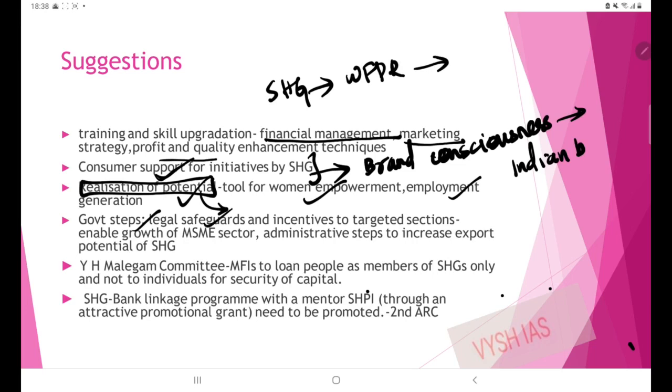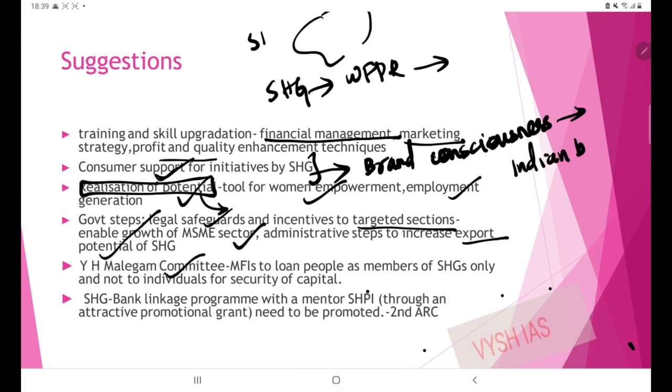Within SHGs or within more deprived groups, the government can target specific sections, and for those targeted sections legal safeguards and incentives can be given. In this way the government can drive the growth of the MSME sector and export potential can also be increased.